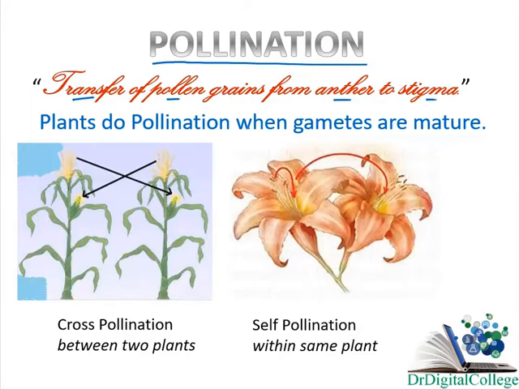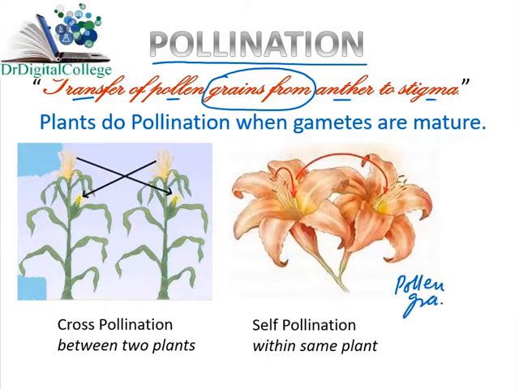You know that in the previous lecture you studied that pollen grains are produced in the anther, while the ovum is produced inside the ovary. So one thing is pollen grain and the other thing is ovum. Now these two things have to fuse with each other to form the zygote as a part of sexual reproduction.